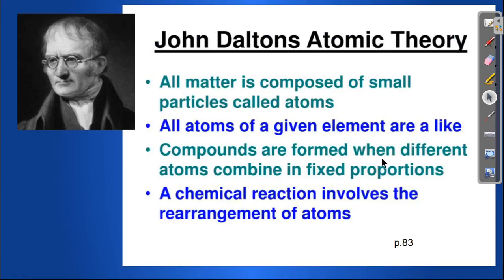Now, John Dalton's atomic theory is based on the three laws that we have learned. I'll show you another slide that has that information in it. But what did he say, this man? This is in the 1800s, so we're moving along in our knowledge of matter. That's found on page 83. These are assumptions.